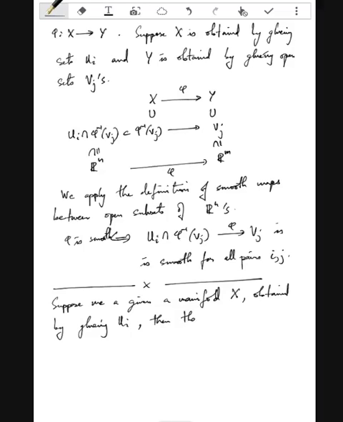Then the subsets U_i are called charts, and these U_i's are contained in some R^n, and on R^n we have the coordinate functions x_1, x_2, ..., x_n.